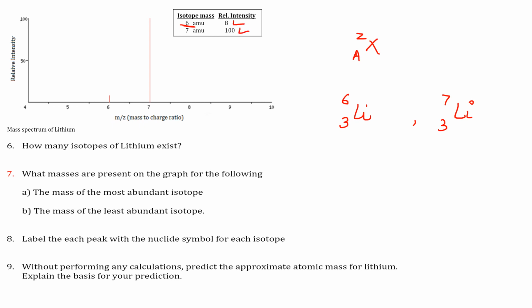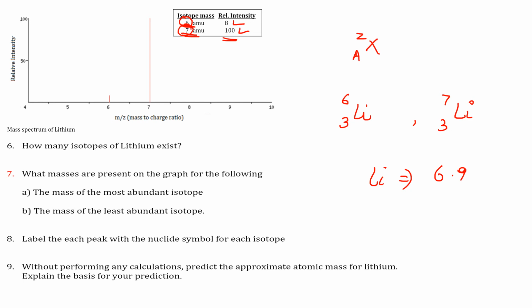For 7 AMU, the relative intensity is 100. It means that the average atomic mass would lie near 7 and far from 6. So we can say that it would be around 6.9, because the difference between the relative intensities is too much.